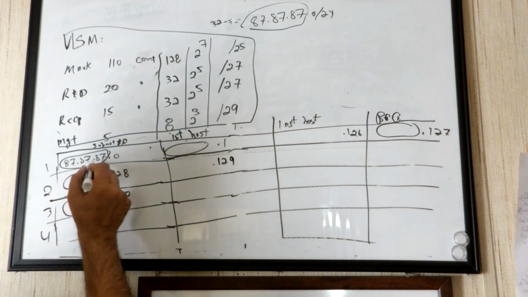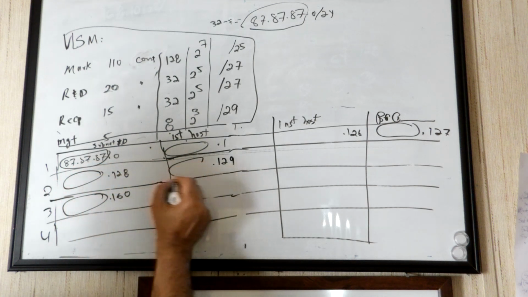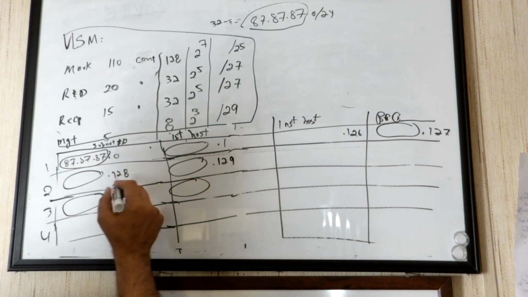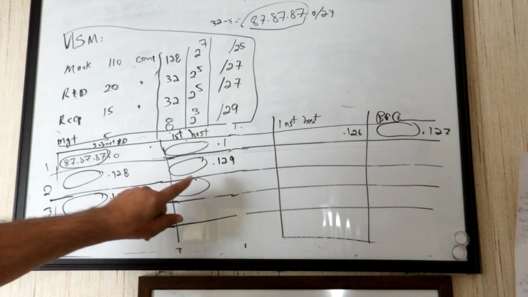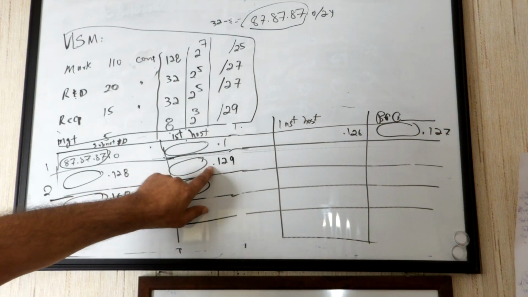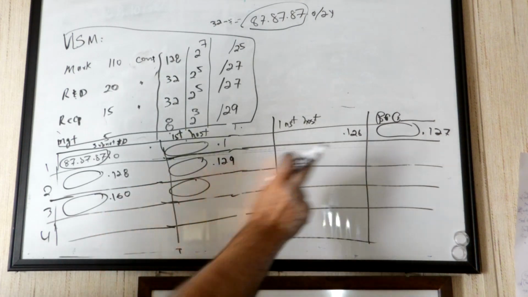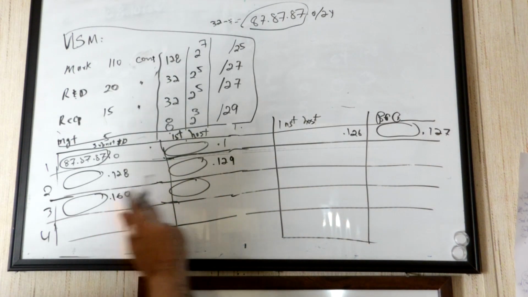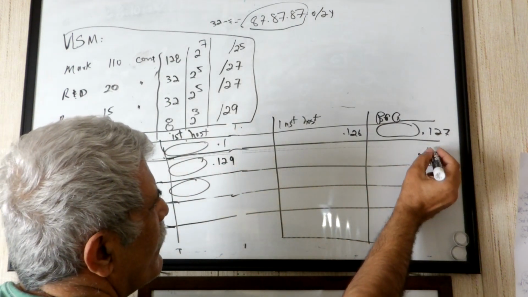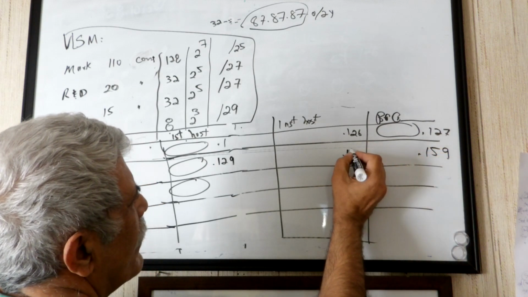I put the circle here, it means 87, 87. They all have circle here. The first host is going to be 1 after this one, 129, and then the broadcast ID is going to be 1 less than this, 159. So the last host is going to be 158.